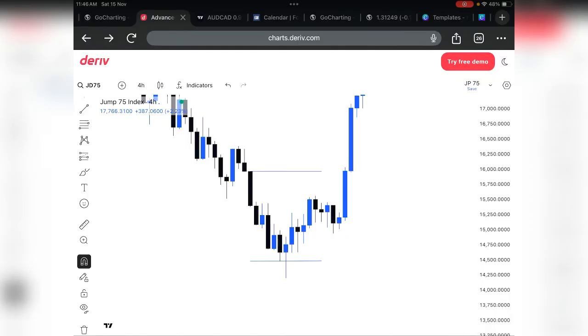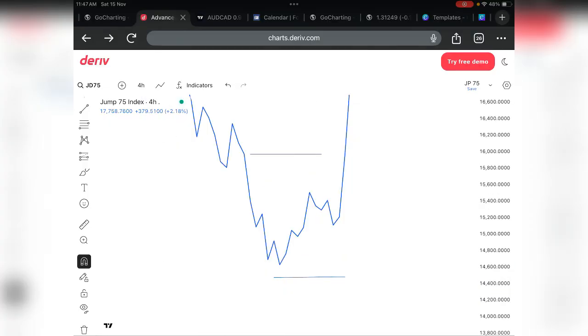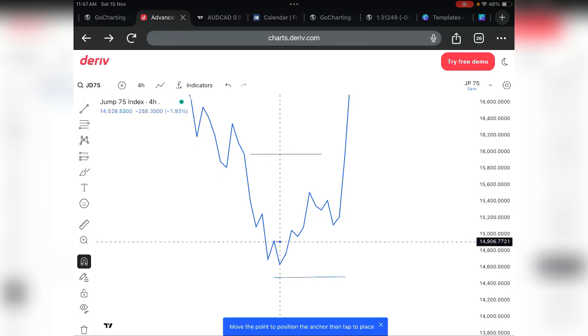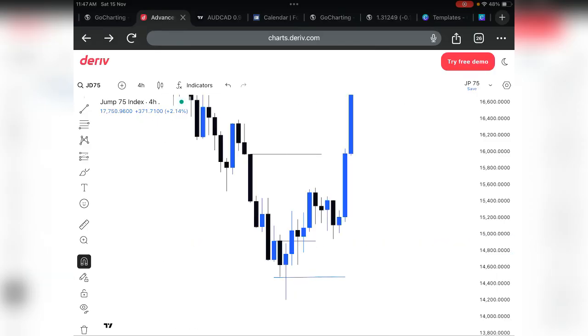Now we are combining this thing with key level breakout structure. The candle has been swept. Alright. And there is a 4 hour breakout structure. Go to the line charts, you see that there is a breakout structure here. This is a breakout structure, signaling that is a potential reversal.